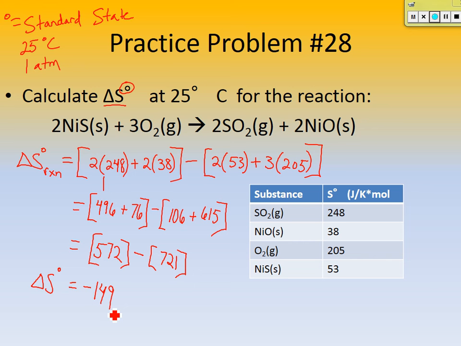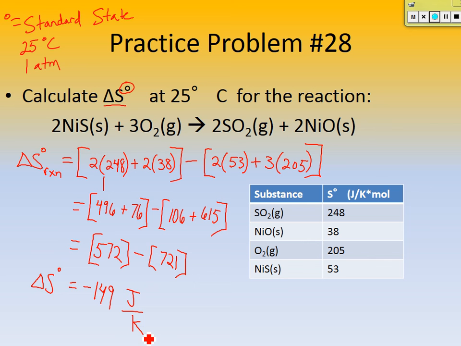Now what are my units going to be? Joules per Kelvin. If you look at your table here, we have joules per mole Kelvin. We have already accounted for the moles because we multiplied by the number of moles, so we just need joules per Kelvin.